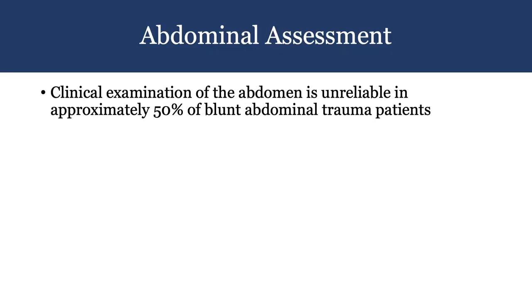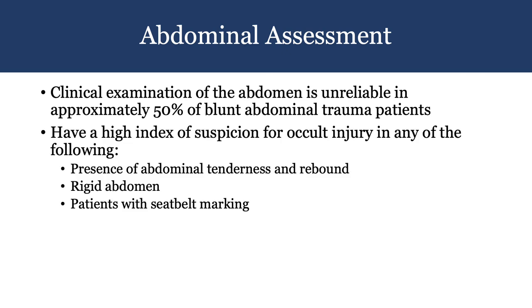A thorough clinical exam of the abdomen may not be enough, as it misses approximately 50% of injuries, especially in blunt abdominal trauma. Sometimes there could be missed injuries. Always have a high index of suspicion for occult injury in any of the following.